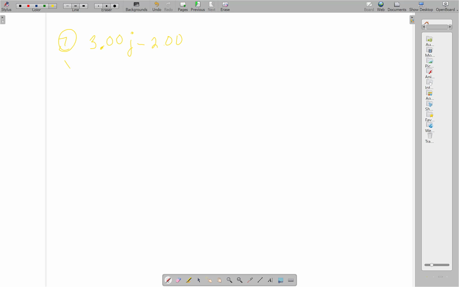Remember that your x is going to be your real part, so it's going to be the negative 2.00. Your y is always with the j part, so your y is 3.00.